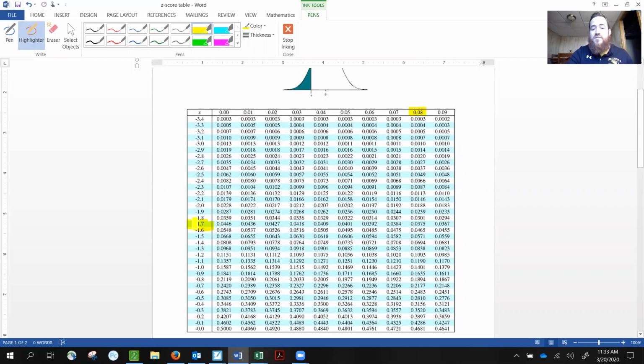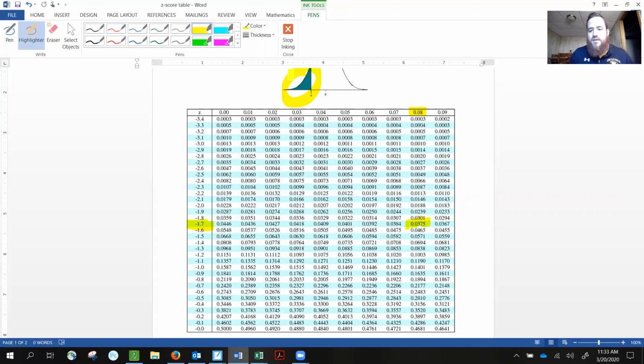In order to find negative 1.78, where those two meet, that's the amount of values that are less than negative 1.78 z-scores. So how many values are less than 1.78 z-scores less than the mean? This area right here. So not a lot.